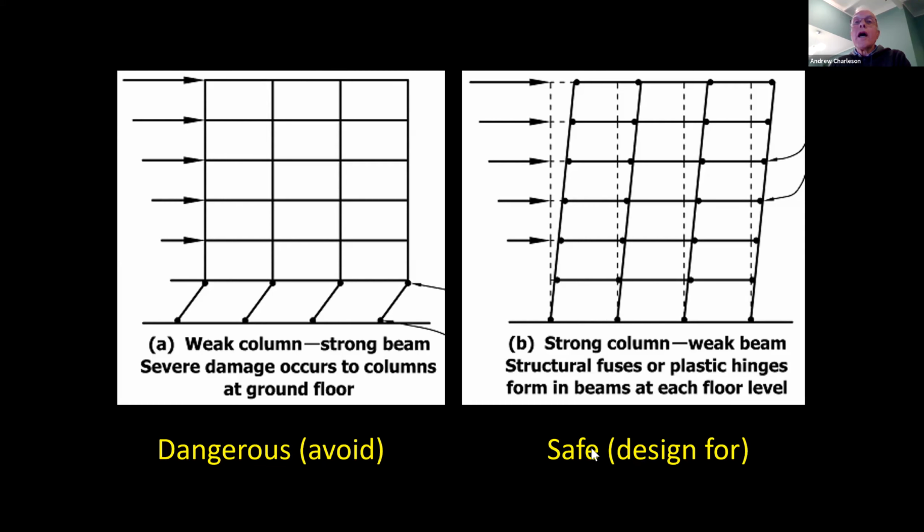In a safe design, we want to have strong columns and weaker beams so that during an earthquake, the damage occurs throughout the whole building and not just at one story. Like in this building, these black dots are the damage to the columns. And so we want to distribute the damage throughout the whole building so that the columns don't get badly damaged and won't collapse. That is our goal.